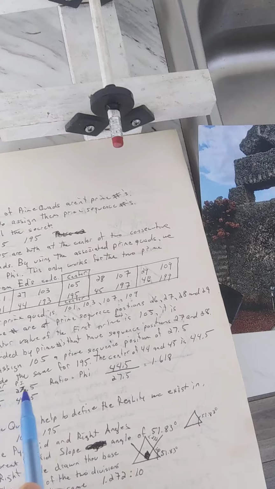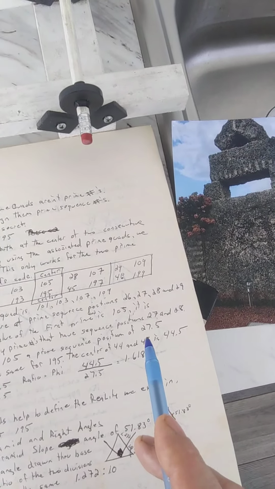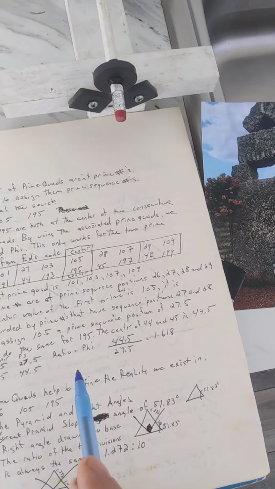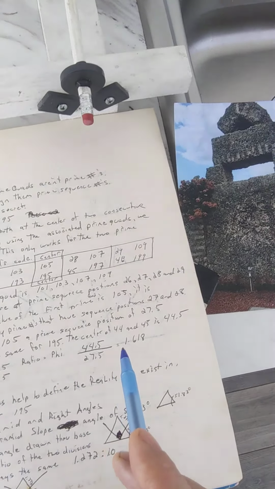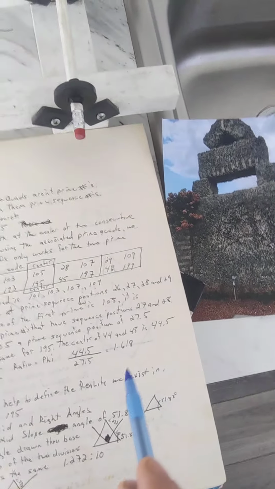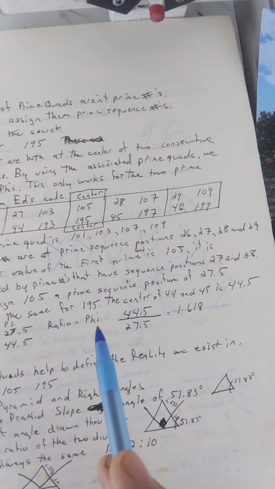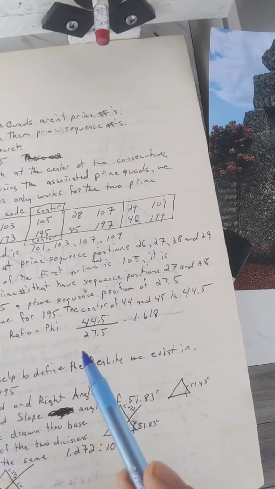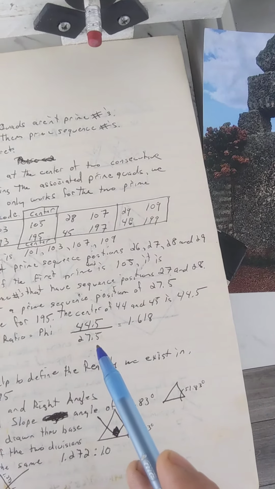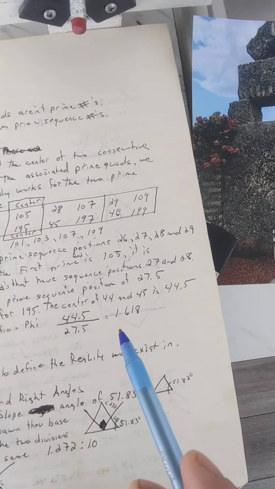We assign 105 a prime sequence position of 27.5. We do the same for 195. The center of 144 and 45 is 44.5. Okay, so you've got your centers here, and when you divide 27.5 by 44.5, you get the golden ratio, or phi, 1.618.